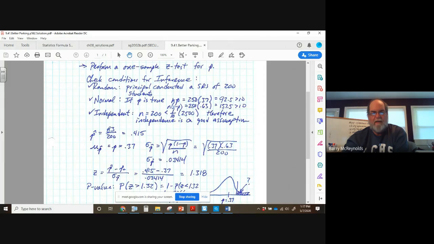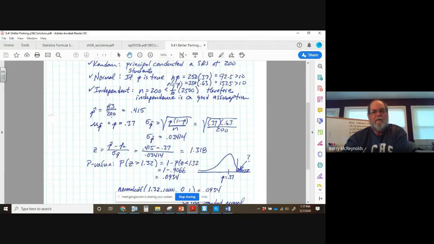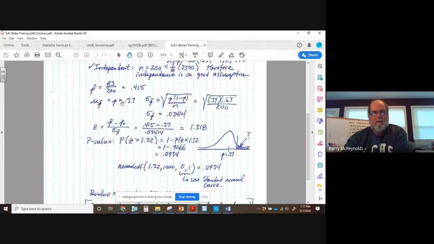And are the data independent? In other words, is the 10% condition met? And then you'll need to do a little bit of calculations usually. You may or may not have the p-hat given, and in this case it wasn't. We have to calculate it.